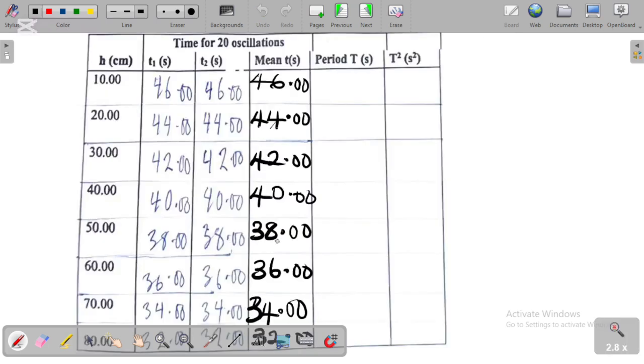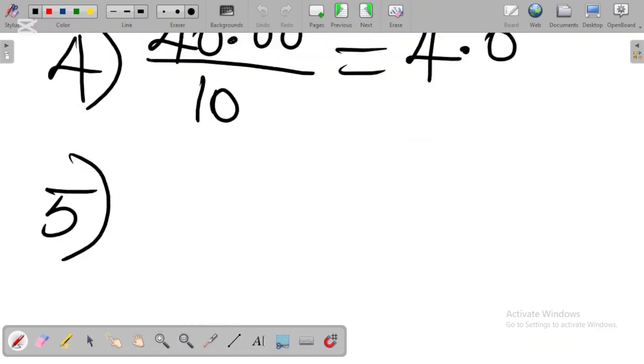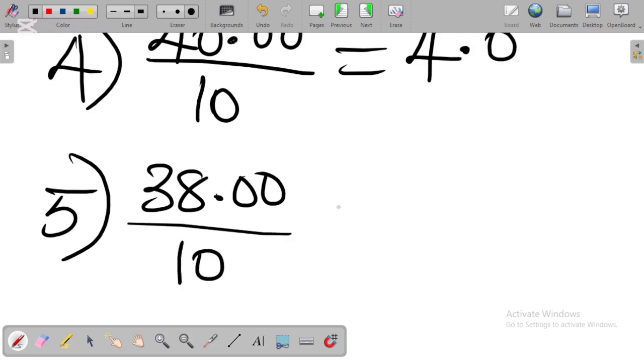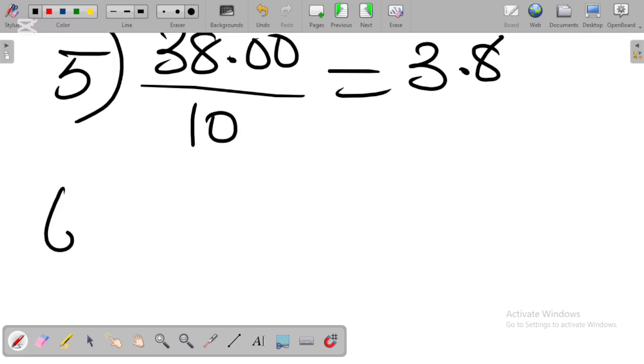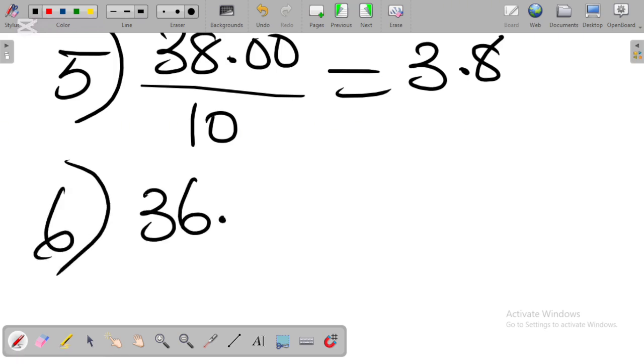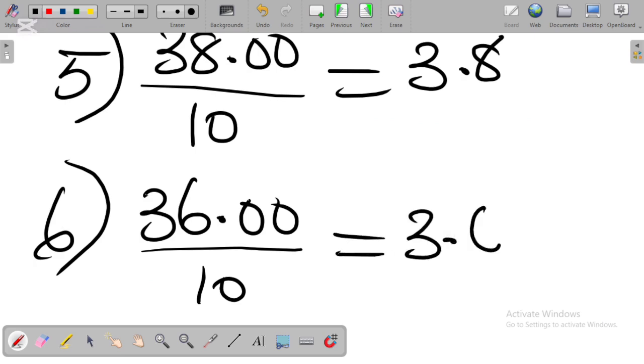The fifth one is 38.00. So we have here 38.00 divided by 10. So it would give you 3.8. The sixth one should be 36.00. So if you divide it by 10, it would give you 3.6.